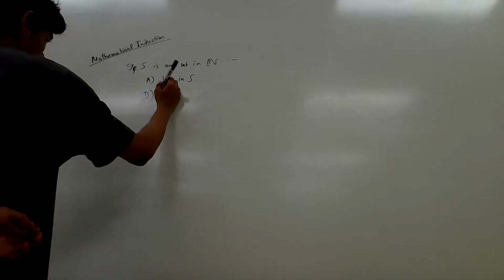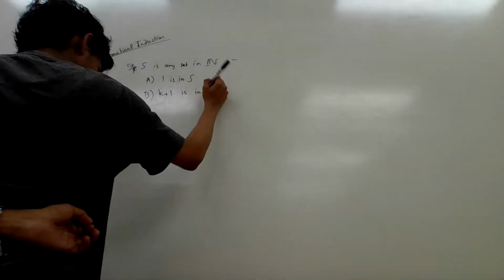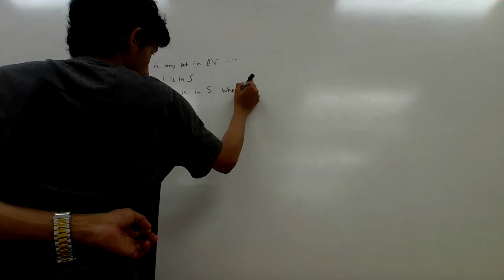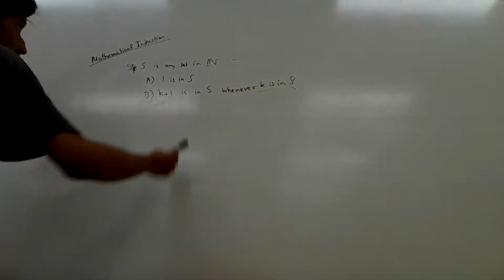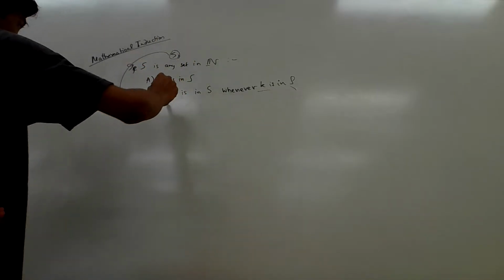And the second property needs to be, so these are the requirements for mathematical induction to work. It's a tool. It's not something you can use as a statement or theorem. So 1 is in S, and k plus 1 is in S whenever k is in S. What basically this means is that if you find a random number k in S, for example, you take 5, you should have a guarantee of 6 in this set.